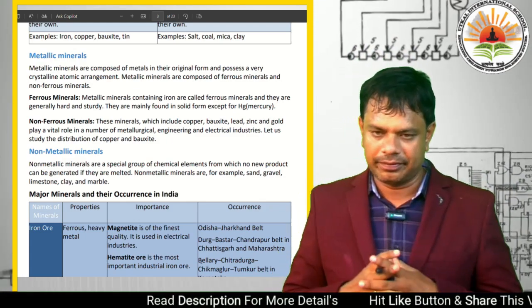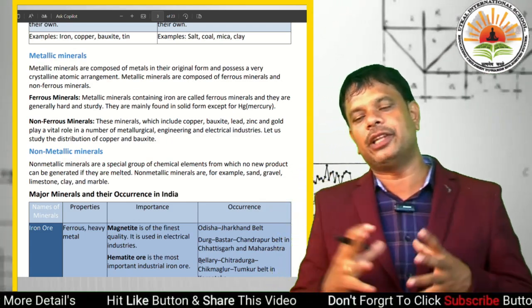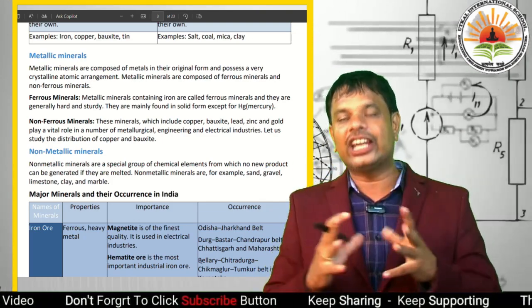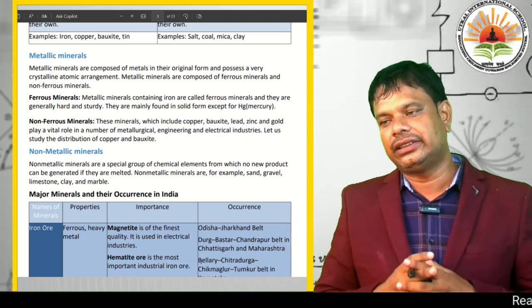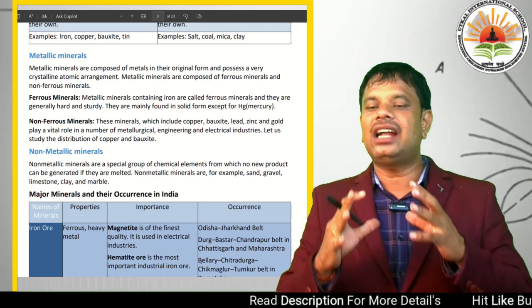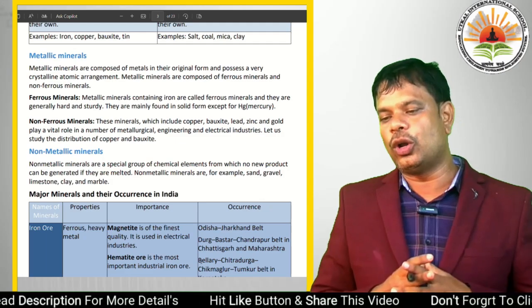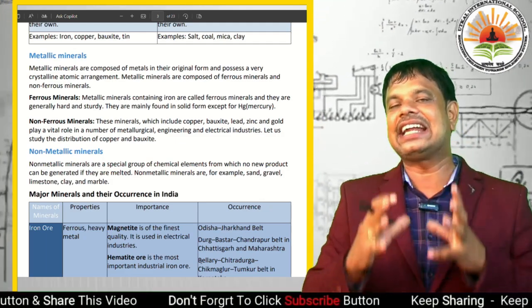And dear students, if we go to non-ferrous minerals, these minerals include copper, bauxite, lead, zinc and gold, and they play a vital role in a number of metallurgical, engineering and electrical industries.